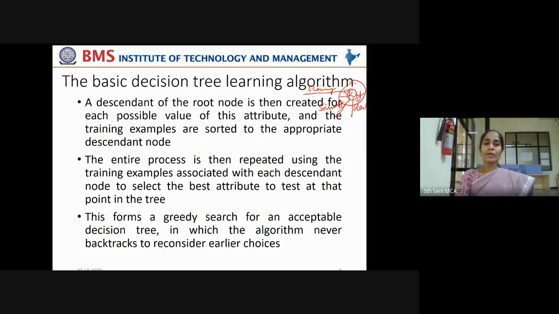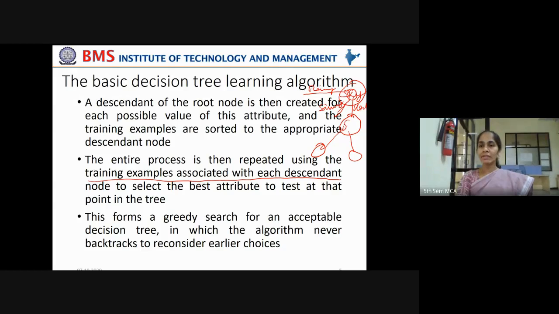Okay, now the entire process is repeated using the training examples. Again, the process will be repeated. It checks another attribute and the tree is constructed further. The entire process is repeated using the training examples associated with each descendant node to select the best attribute to test at that point in the tree.